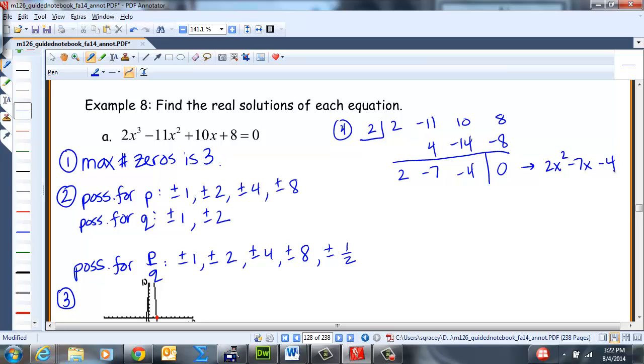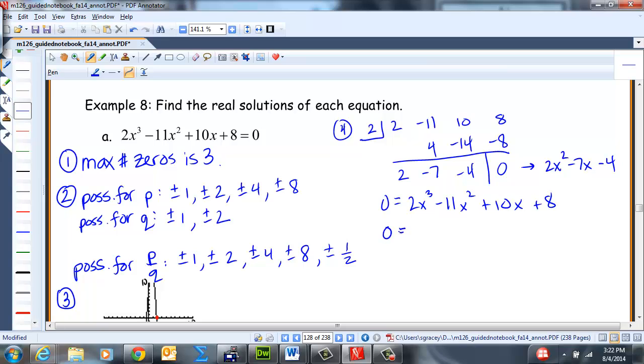So let's see what we got. F of x equals 2, or actually we have an equation, my bad. So what do we have? We have 0 is 2x cubed minus 11x squared plus 10x plus 8.